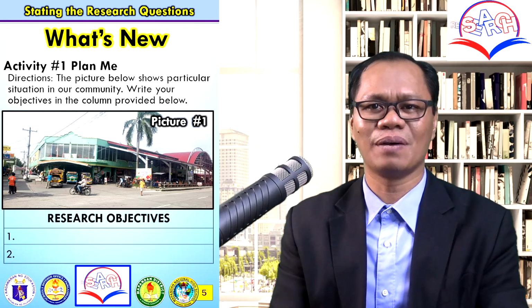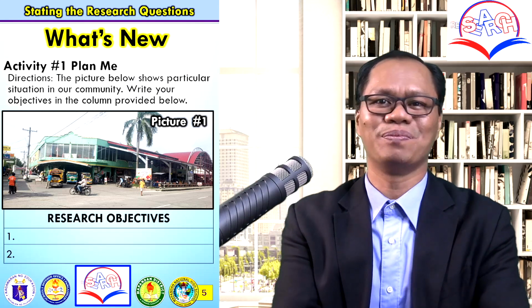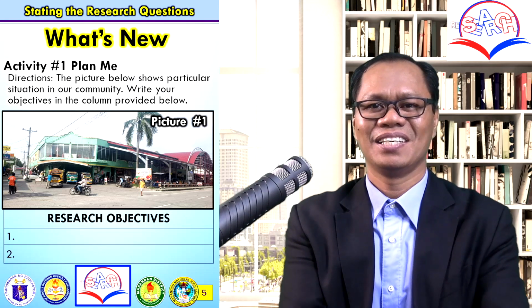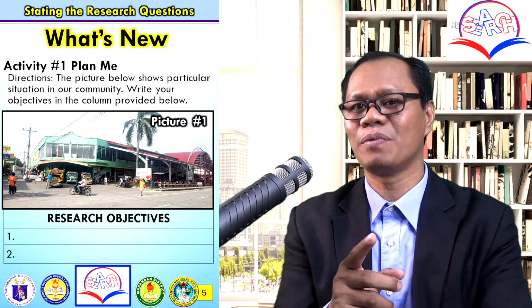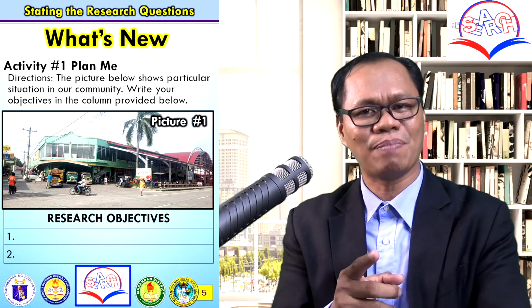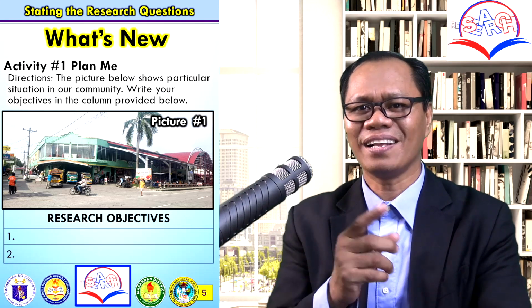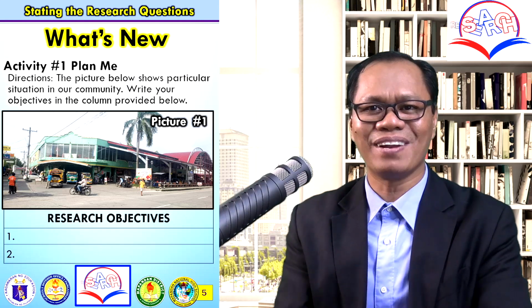Now, look at picture number 1. This particular situation was taken in front of Mapandan Public Market. If it is still pandemic, of course, the health and safety of everybody is still a concern. How do you view the Mapandan people in the public market? What is the general problem? Write your objectives to address the problems.